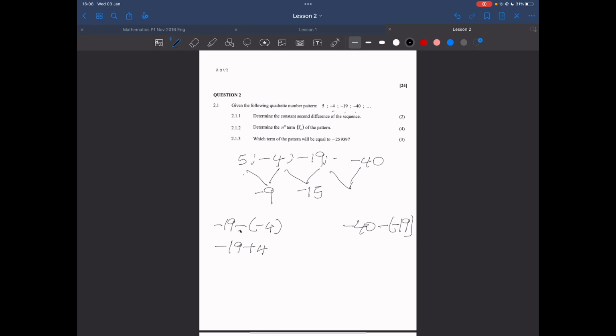So this is going to be a -40 plus 19. So we need to be very careful here as we work this out, because that's where we lose marks, and then this will be -21. So that's how we get the first differences. We get the first differences that way, so we should be very careful about that one.